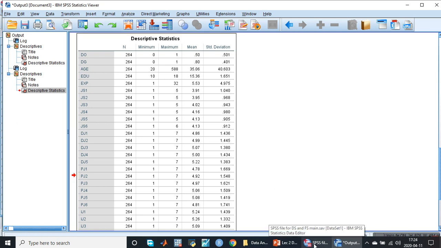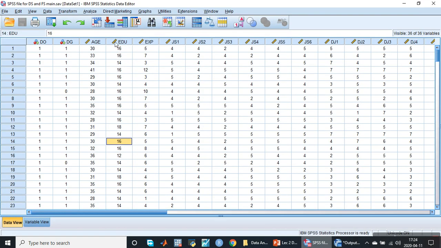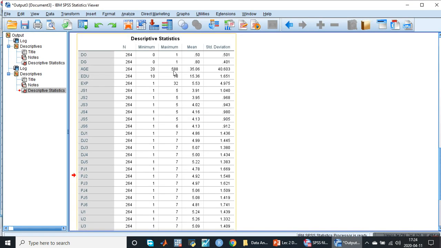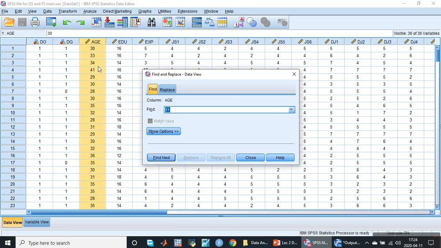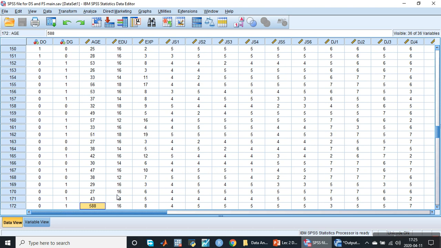In the Excel, in the age column, the error value was 588. So we will select the age column, Control F, and we will write 588. Find next. Okay, now this is the error, and we will make it correct, because sometimes by writing 58 we wrote 588. We will save it.